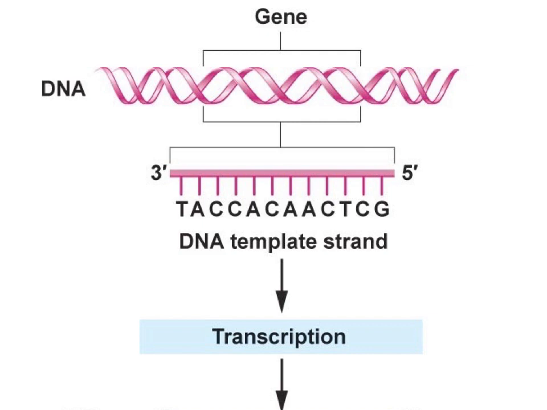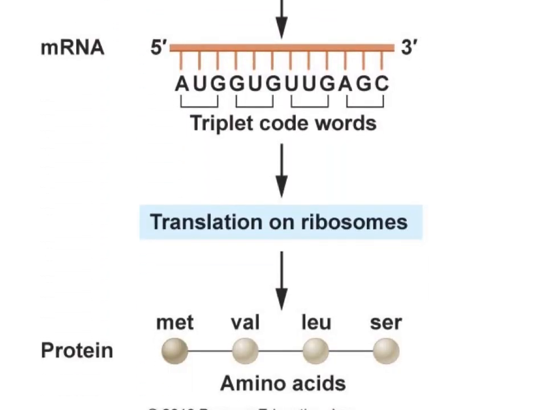We are going to use one of these strands of the DNA as a template for transcription. The product of that process is a strand of RNA. This strand of RNA is going to be complementary to the template DNA strand, and will then be translated using ribosomes that will then produce amino acids. So this is an overlook of the whole process.